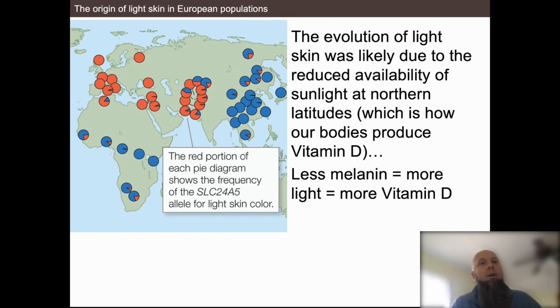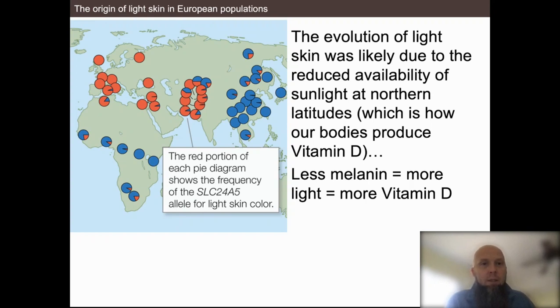As you are probably aware, we produce vitamin D when we are exposed to sunlight, and if we don't get sunlight, we don't make our vitamin D. So as populations moved north into Europe and Eurasia, they had to evolve lighter skin coloration so that they could absorb more of the sunlight and produce more vitamin D, okay?